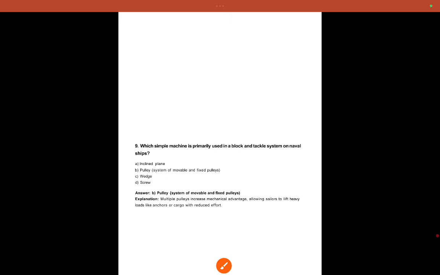Question number 9: which simple machine is primarily used in a block and tackle system on naval ships? In a naval ship, for the block and tackle system, what machine are we using? See, that's the pulley, not incline, not wedge, not screw. So here the answer is pulleys.